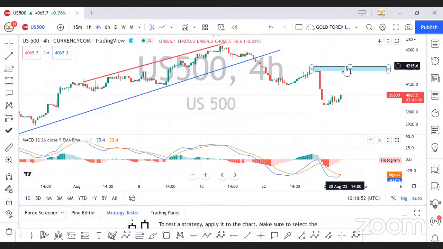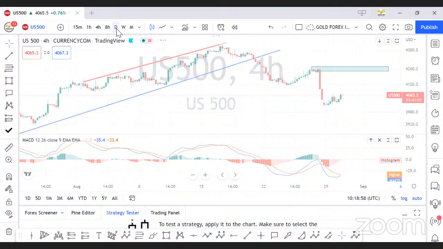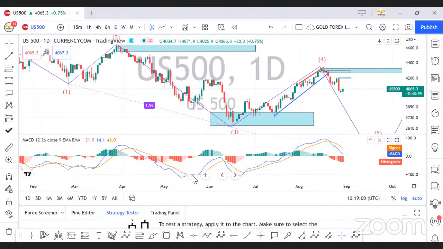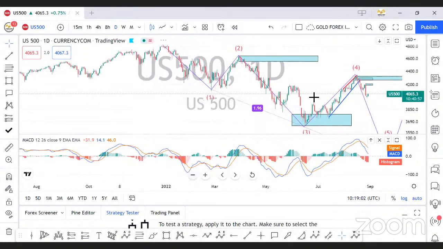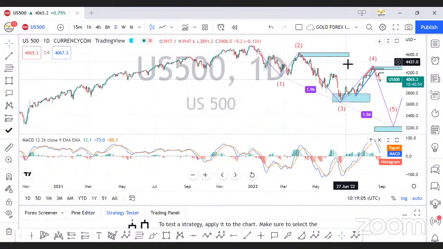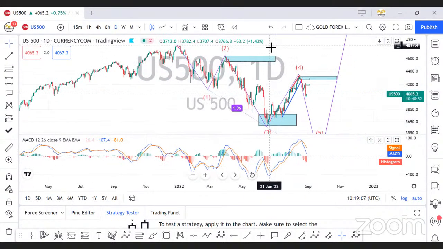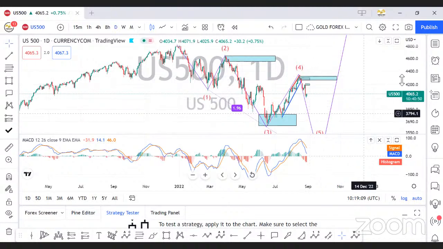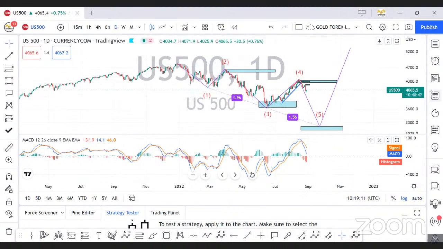So once it gets there, I'll join the sells, then we sell all the way to this level, before any other move.